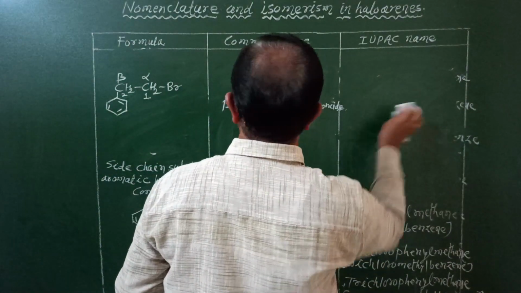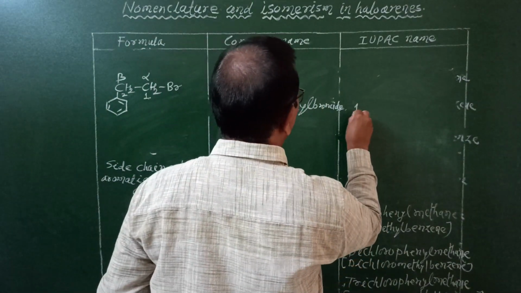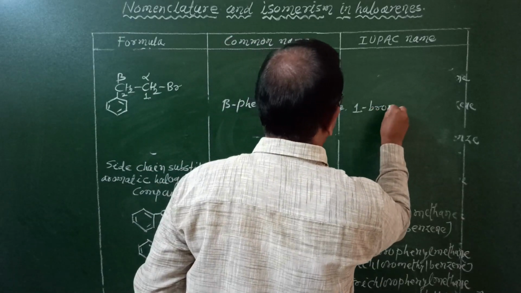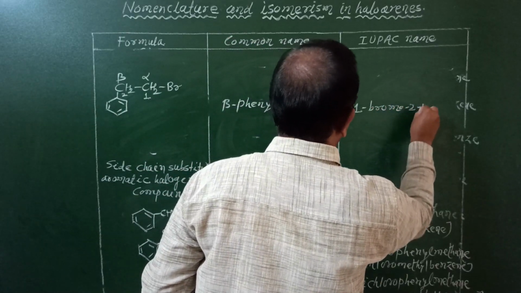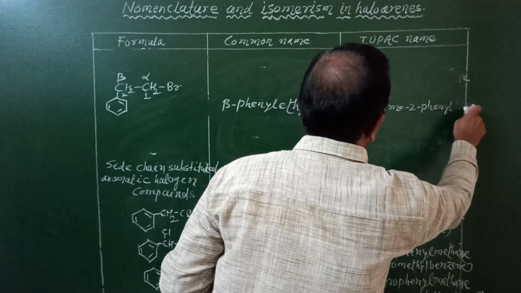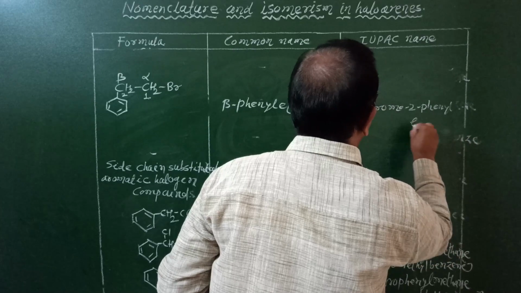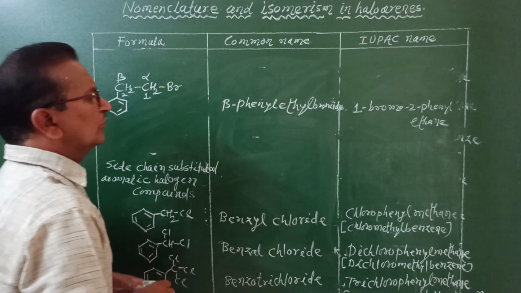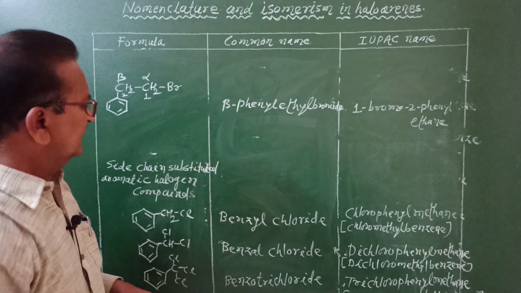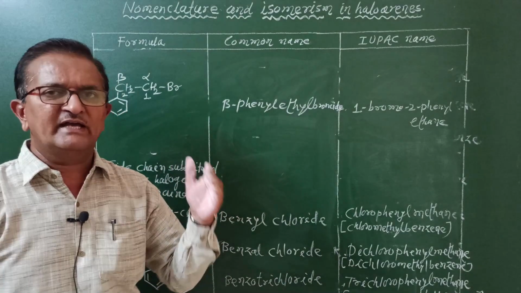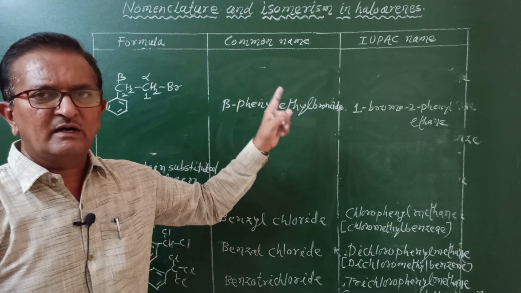Instead of writing like this, we'll write 1-bromo first, since alphabetical order should be maintained: 1-bromo, 2-phenyl, ethane, written as a single word. 1-bromo-2-phenylethane. So this is regarding IUPAC nomenclature and isomerism in aryl halides.